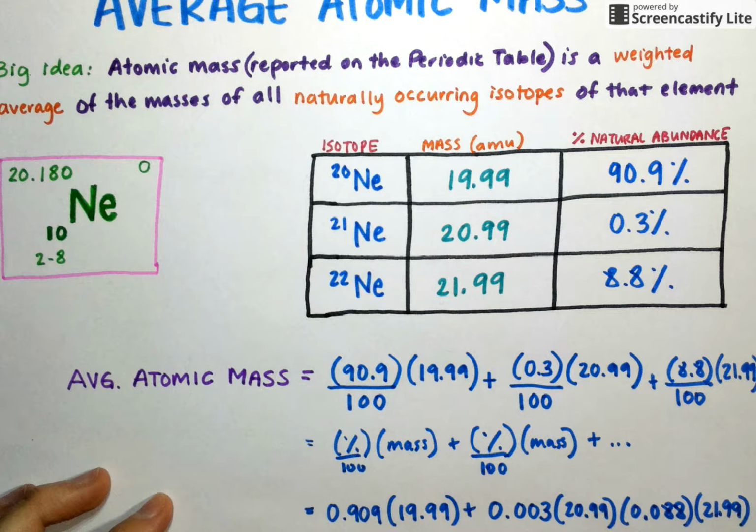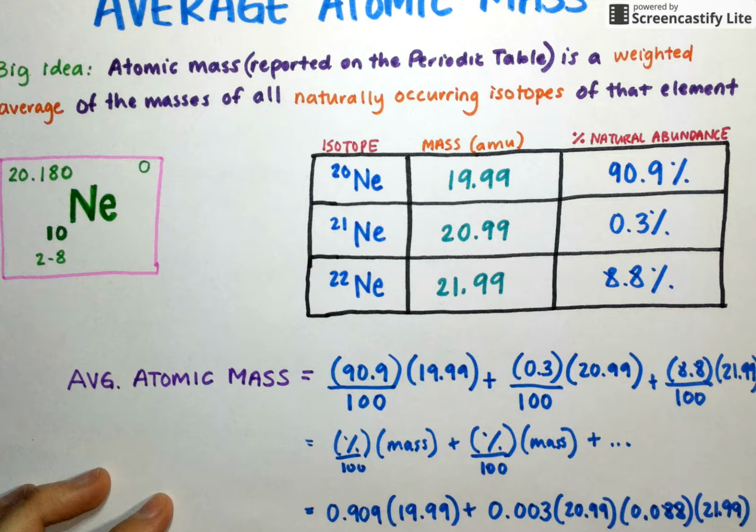At this point, you can let your calculator do the work for you. When I plug all this into my calculator, what I notice is that I dropped a plus sign right in between these two isotopes. But at the end of the day, what I end up getting is an average atomic mass of 20.17. And that's going to be in units of AMU.